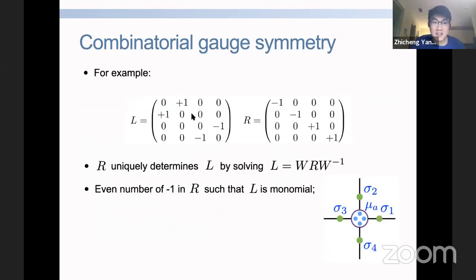Okay, basically, let me just pause on this one again. Here I gave a concrete example of the R and L matrix so that it's not so abstract. Suppose I want to flip these two. I have the R matrix of this form, and once I specify the R matrix, I solve for the L matrix, meaning that the operations on the mu spins, or on the matter spins, are slaved by the R matrix.